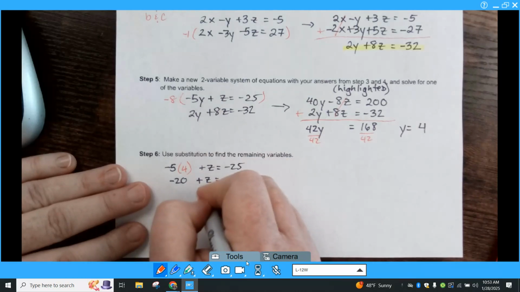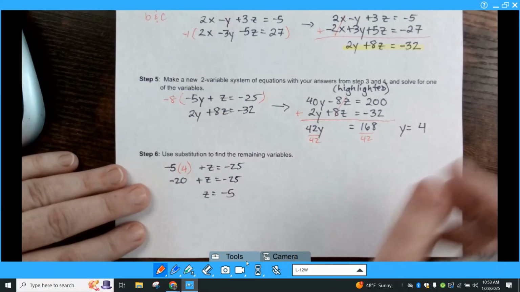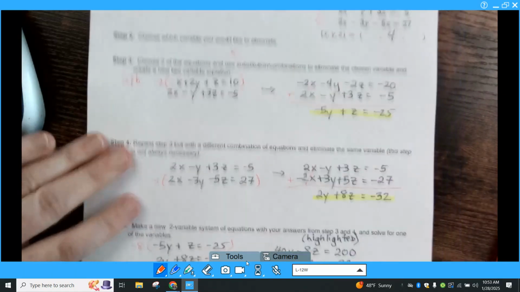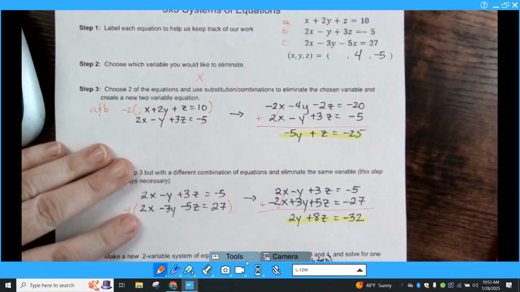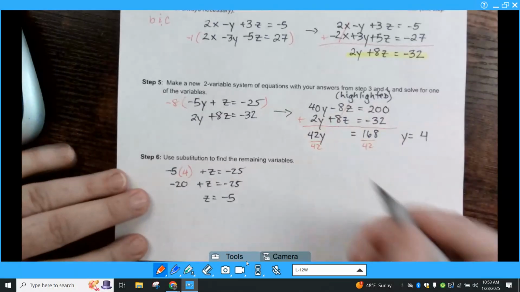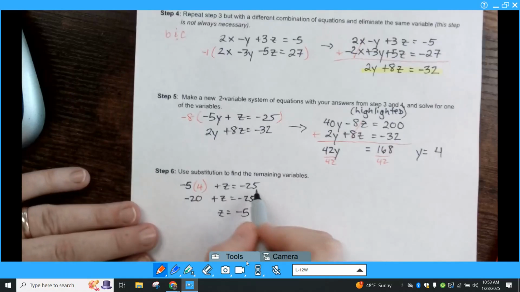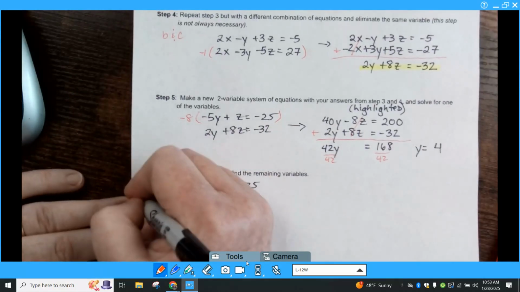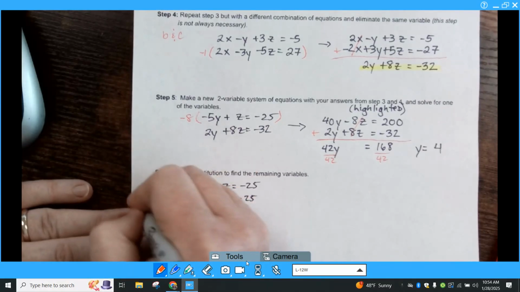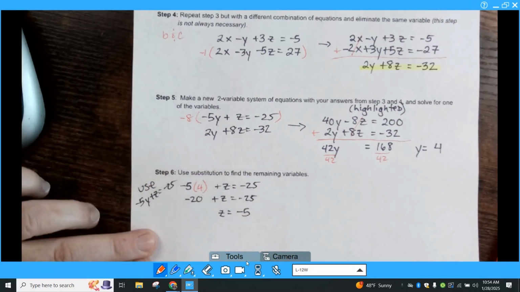Now we know that z is equal to negative 5. So I can go up here and plug in negative 5. Real fast, I should write down what equation I'm using. I'm going to use negative 5y plus z equals negative 25.